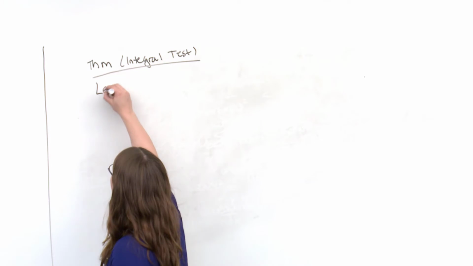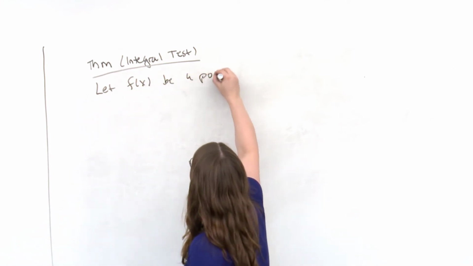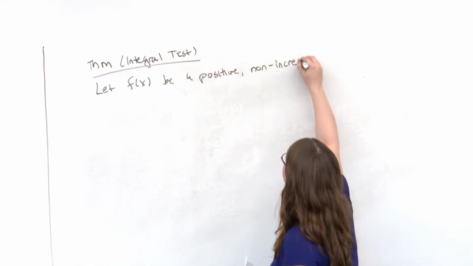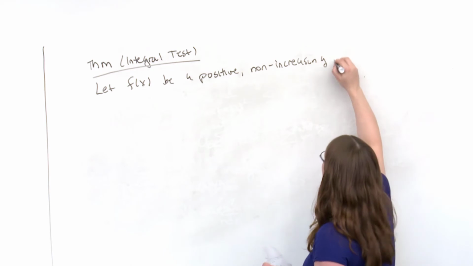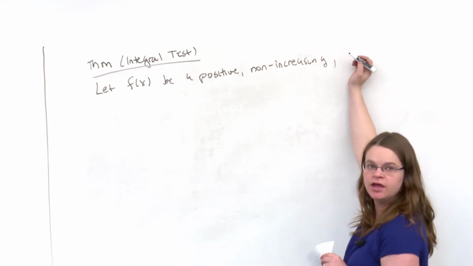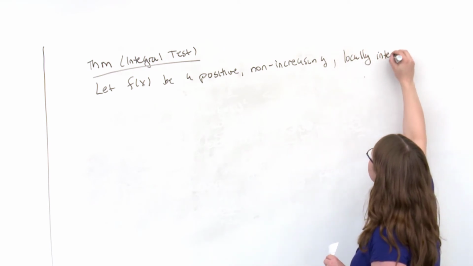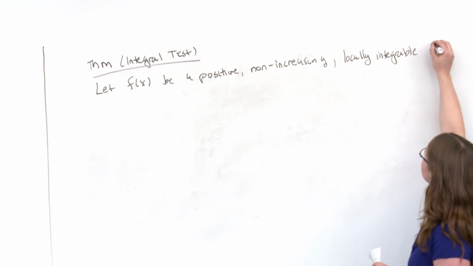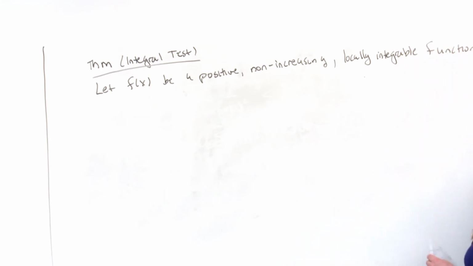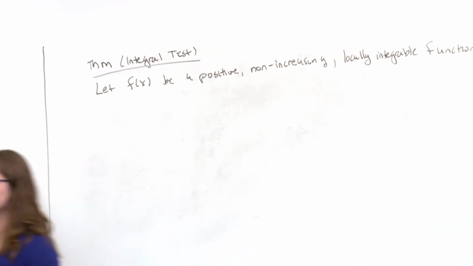Okay, we're going to say let f of x be a positive, non-increasing function. And if we're going to relate this to integrals, it better be locally integrable. Okay, and I want to define it for x bigger than or equal to 1. I don't care what it does when x is less than 1.